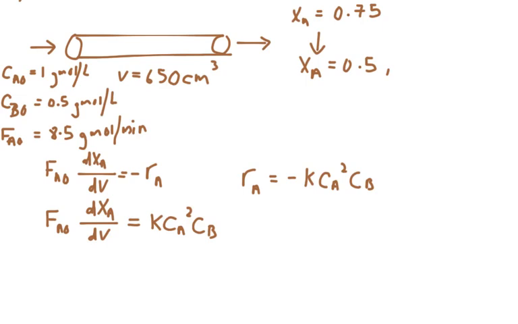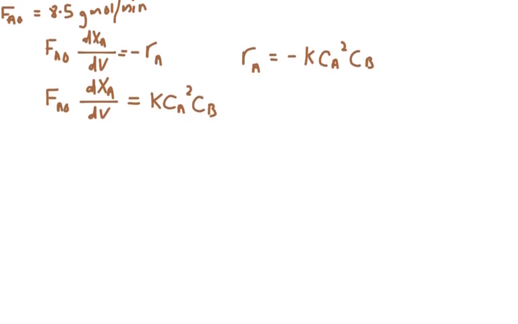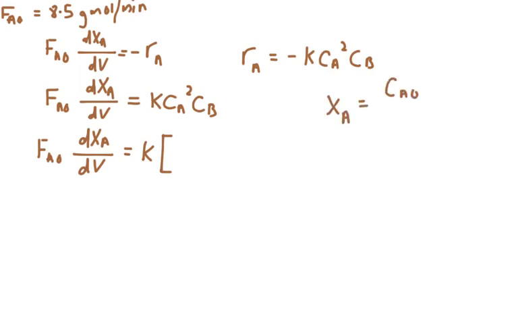Next, since everything is done using the initial concentration, let's convert whatever we can to the initial concentration. Whatever is on the left hand side of the equation is similar, K remains a constant. So Ca can be expressed as a function of conversion using the formula Ca naught minus Ca divided by Ca naught.